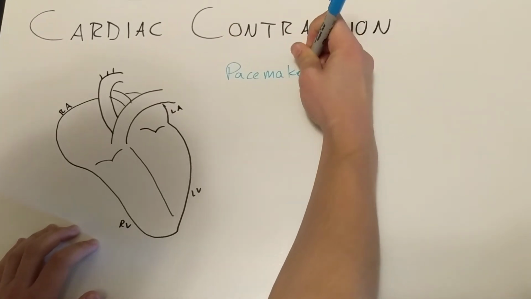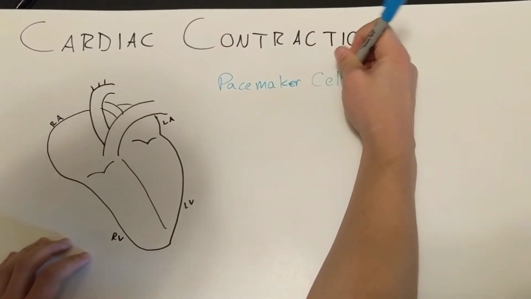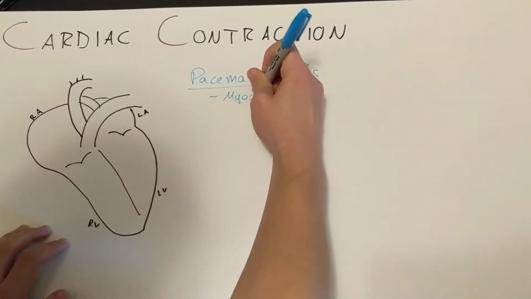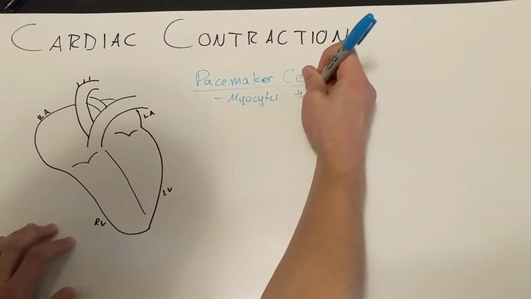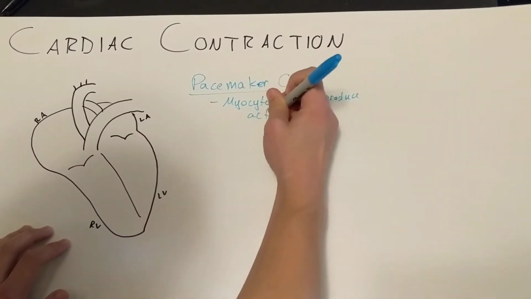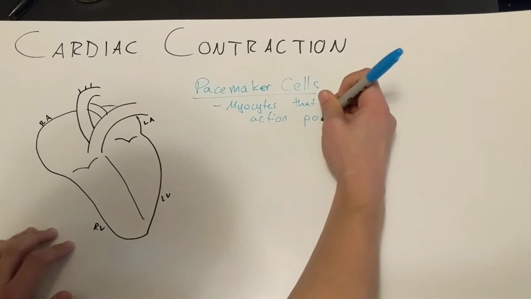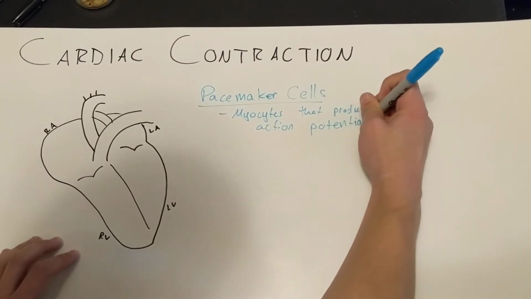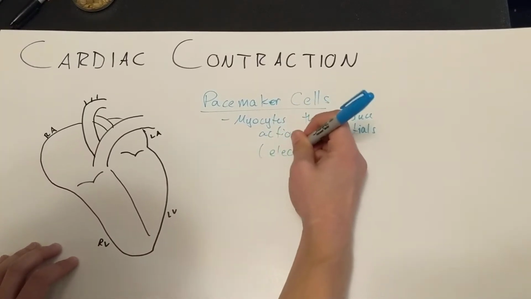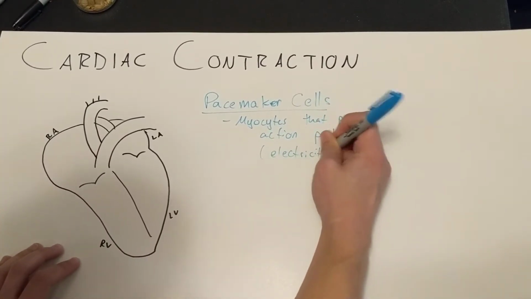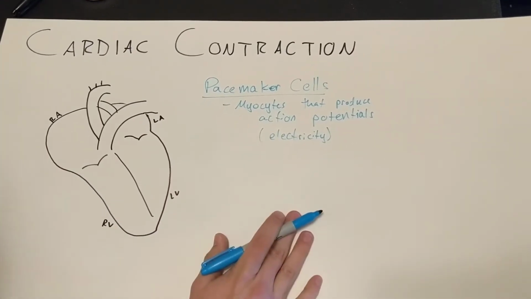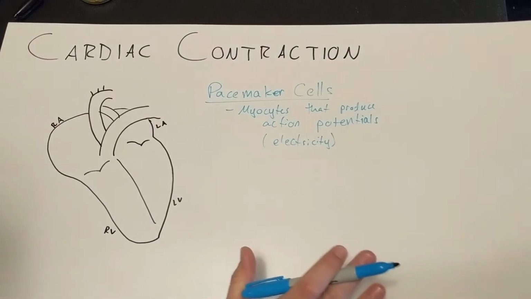Pacemaker cells. And these are myocytes that produce action potentials. So, electricity. There are two spots.